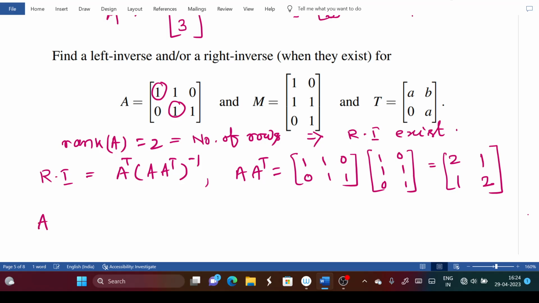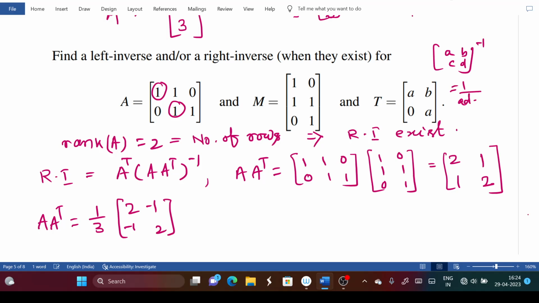Then its inverse is 1 by 3 times 2 minus 1 minus 1 2. I have applied the formula for the inverse. I hope all of you know it, that the inverse of the matrix A, B, C, D is 1 by AD minus BC times D minus B minus C A. So using that formula I got this.